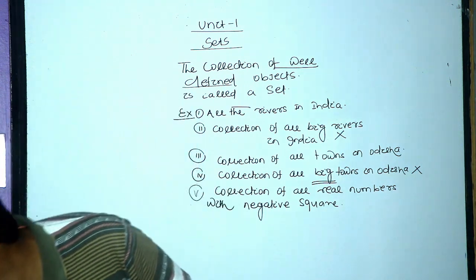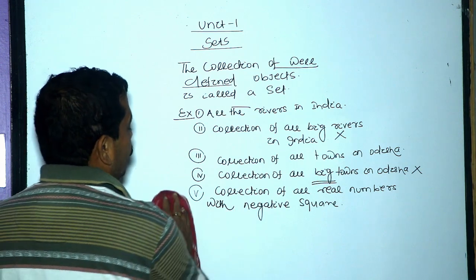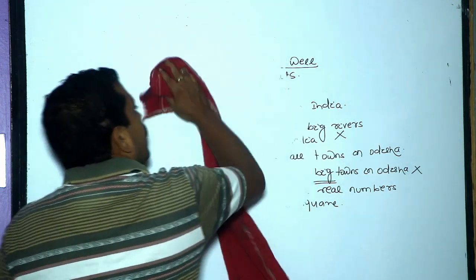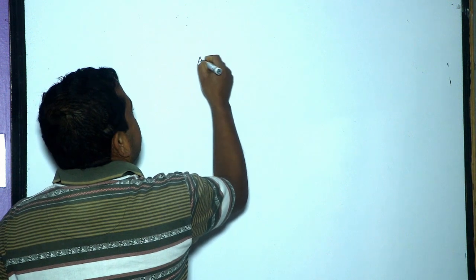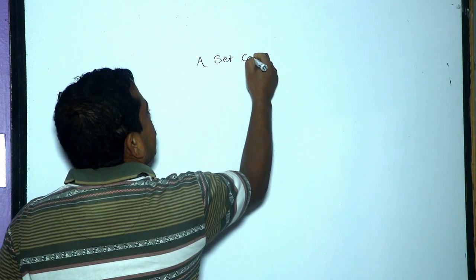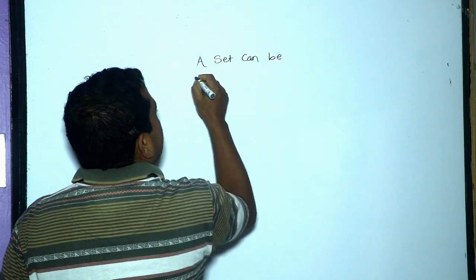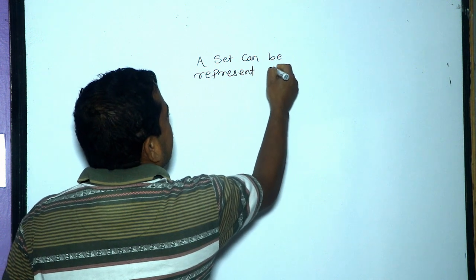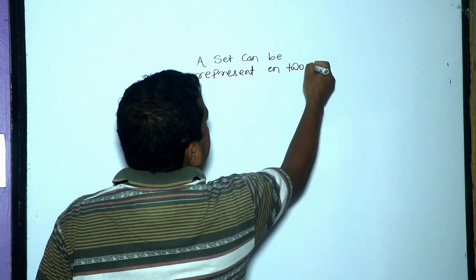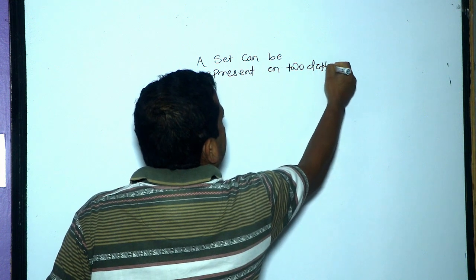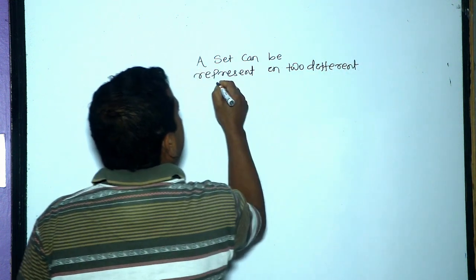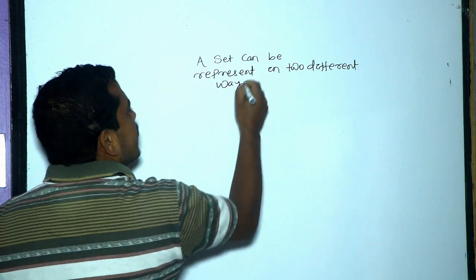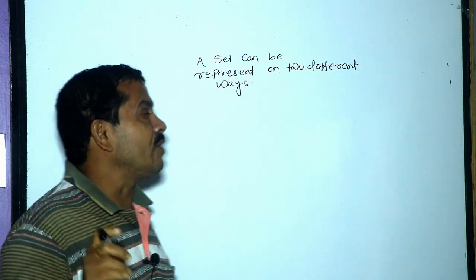Then how we represent a set? A set can be represented in two different ways.